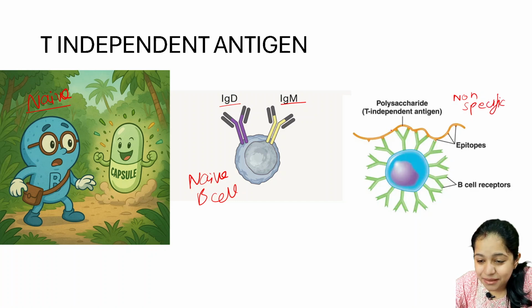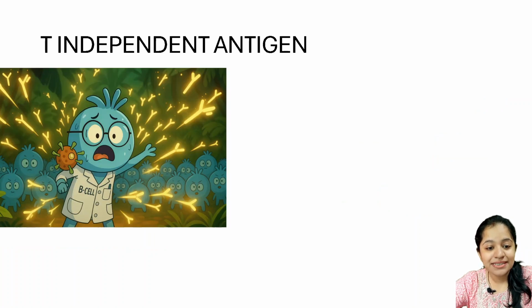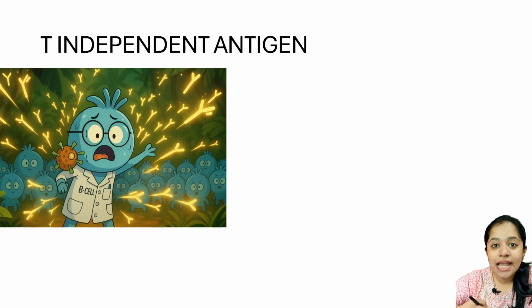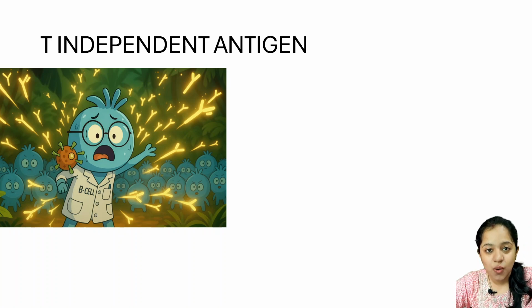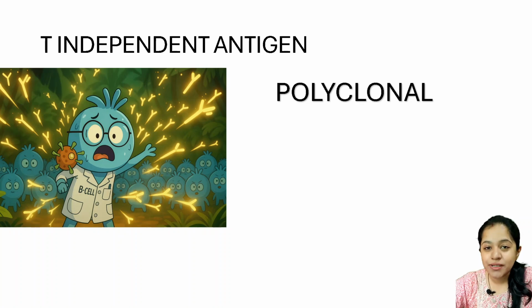This is the T-independent antigen. Okay? What is it doing? It is cross-linking to many B cell receptors at once. Okay? So what will happen because of this? Because of this, there are many clones of B cell getting activated simultaneously. What is it called? It is called polyclonal B cell activation.